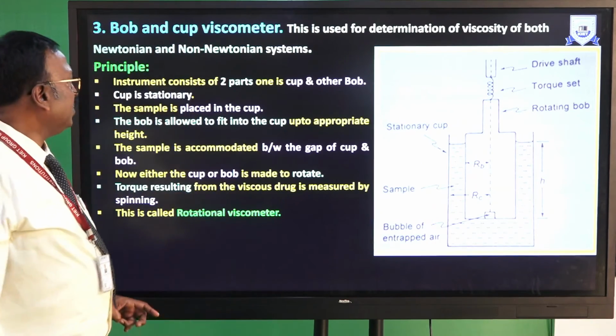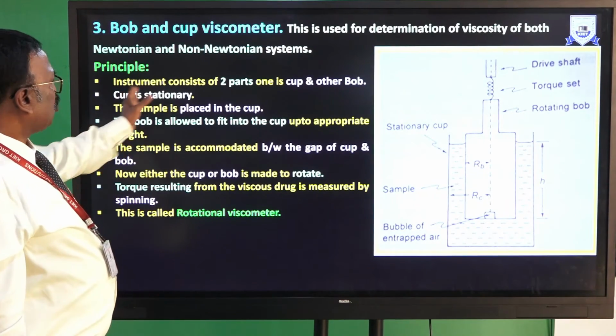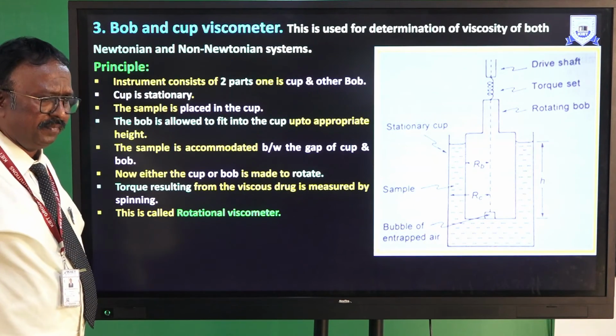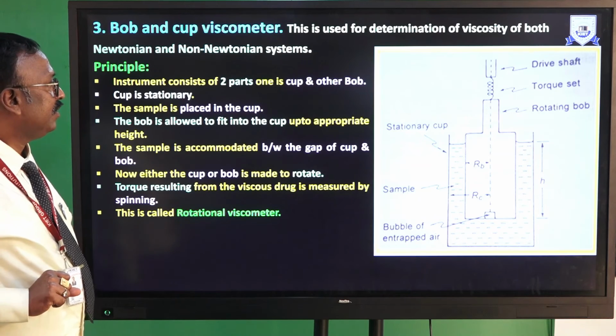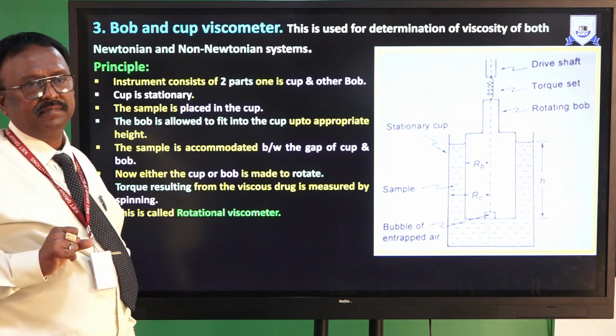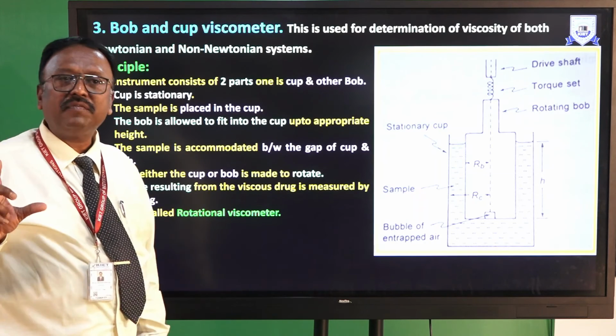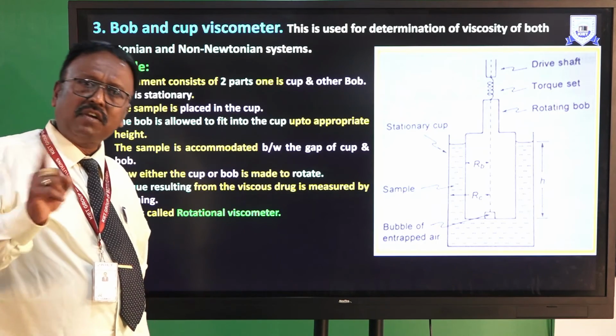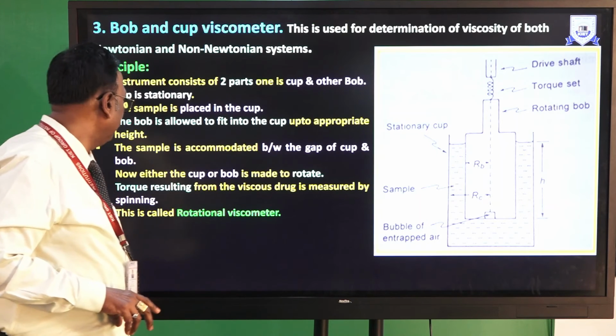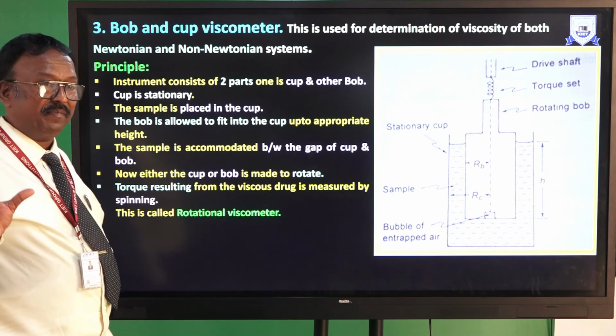Then what is the principle? The principle involved in this case is, the instrument consists of two parts, as the name itself says. One is the cup, another one is the bob. The cup is stationary.